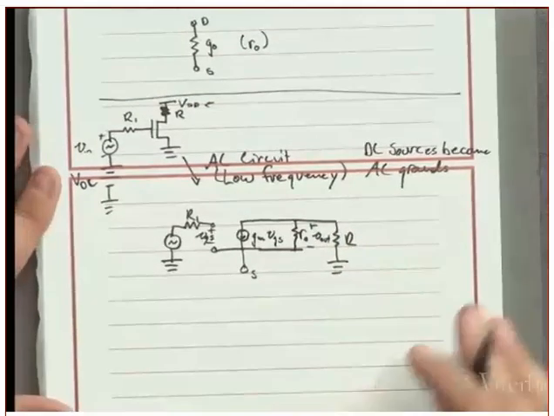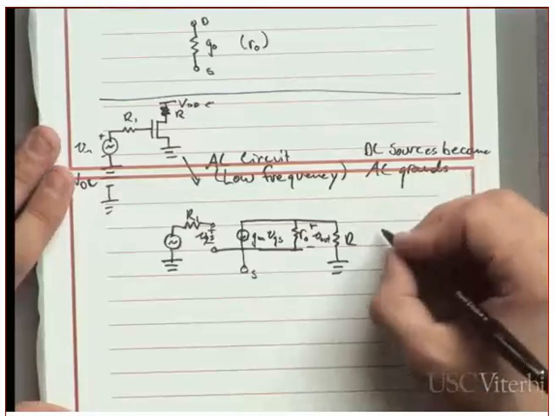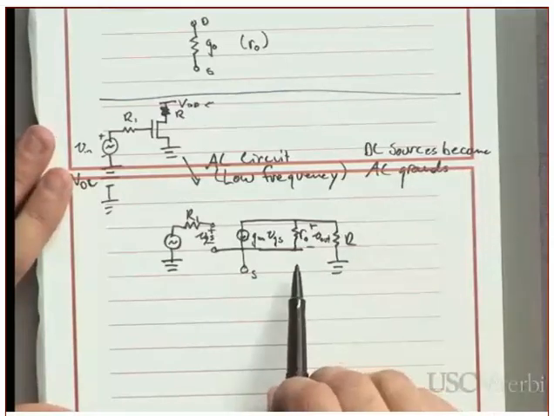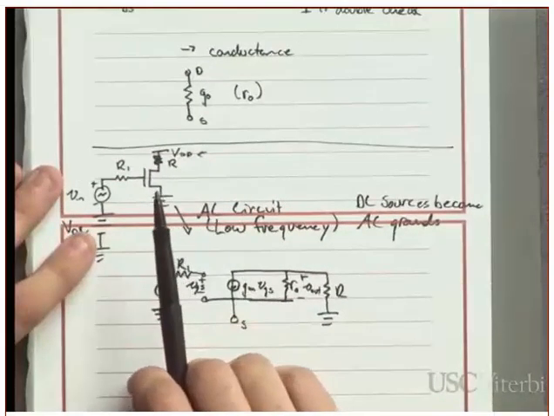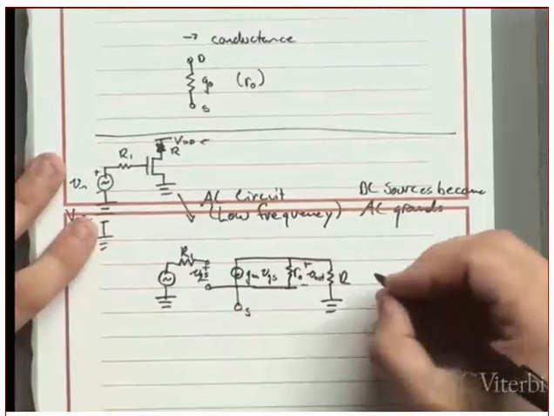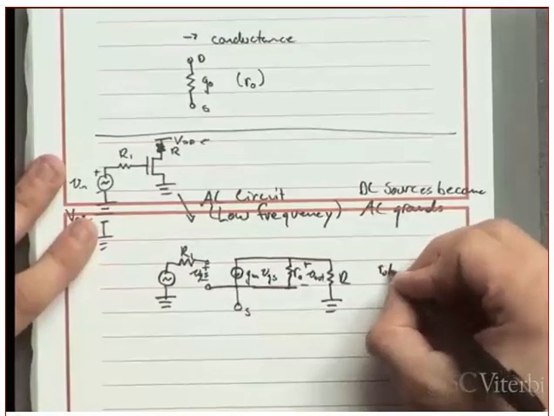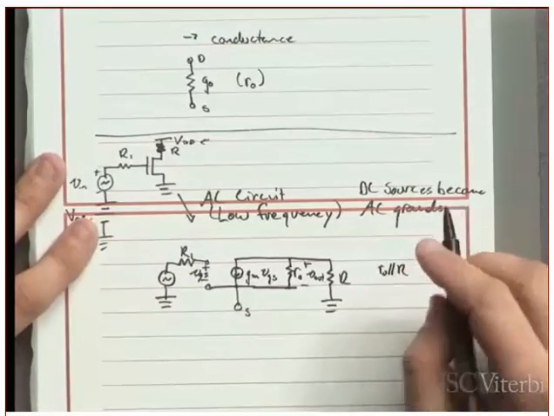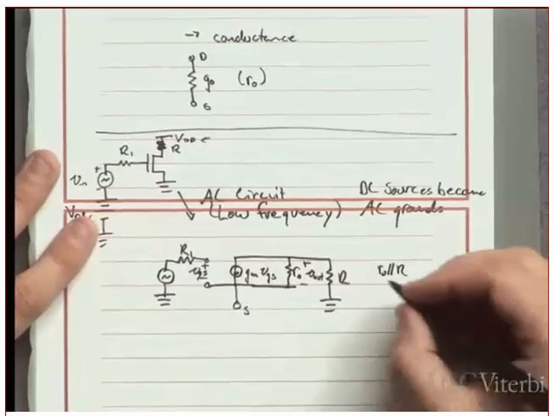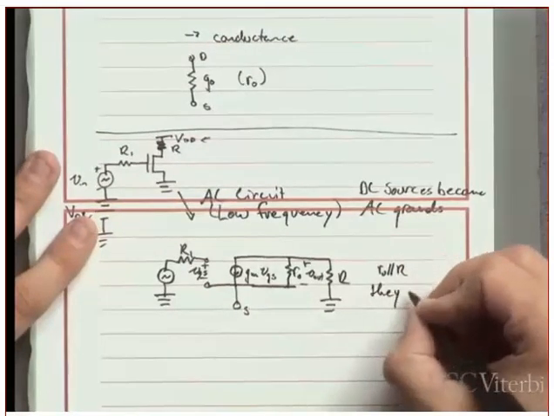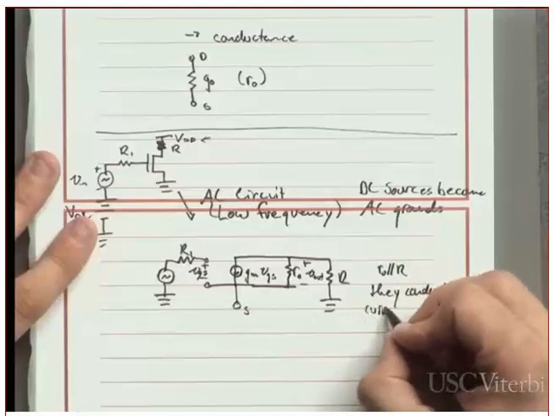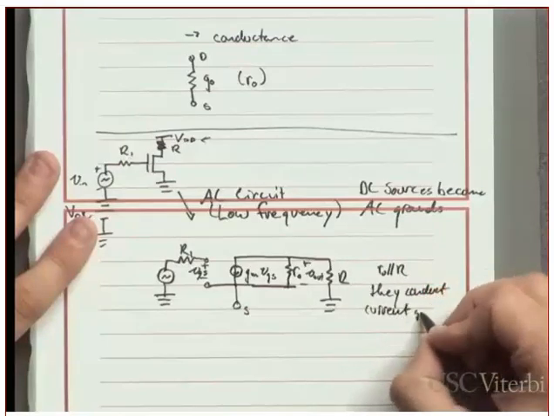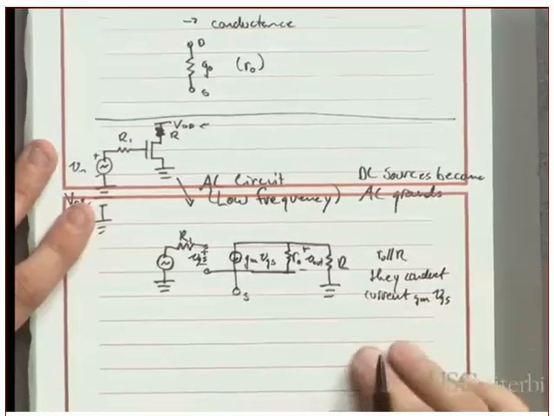Okay. So in this case, because of this being an AC circuit and the fact that I don't have any resistors down here, R naught and R are parallel. And they conduct current GM VGS.